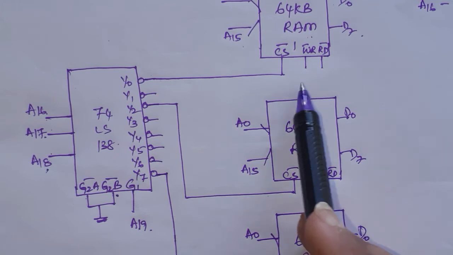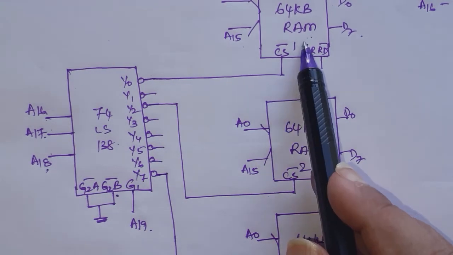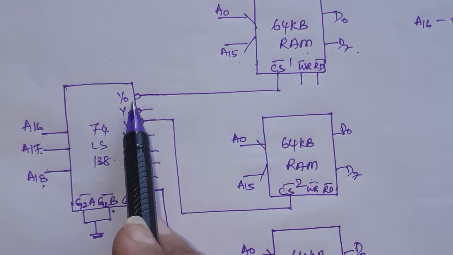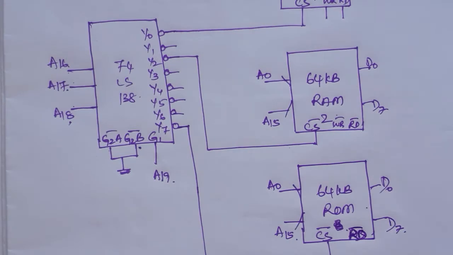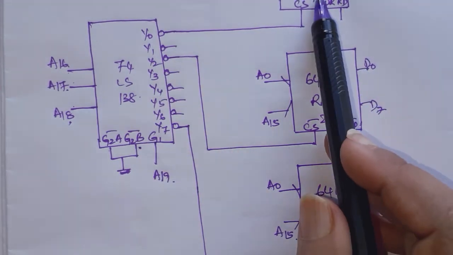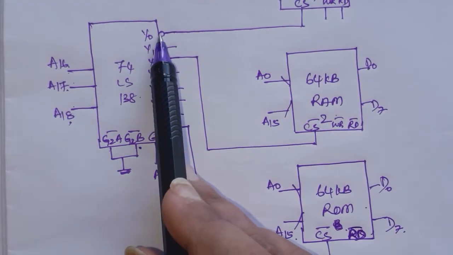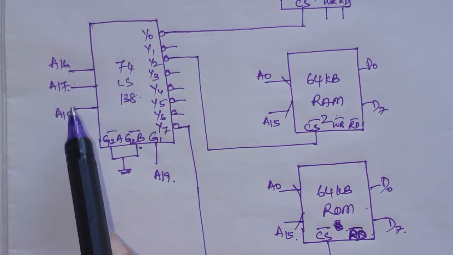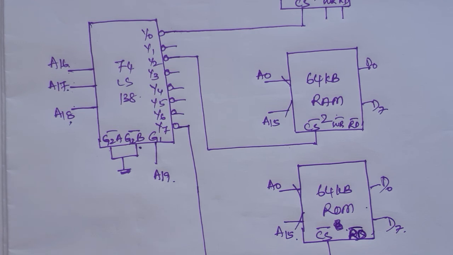Y0 is used to select the RAM 1 memory chip. So here Y0 must be enabled to select this particular chip. For this to be enabled, the combination at A18, A17 and A16 must be all zeros.